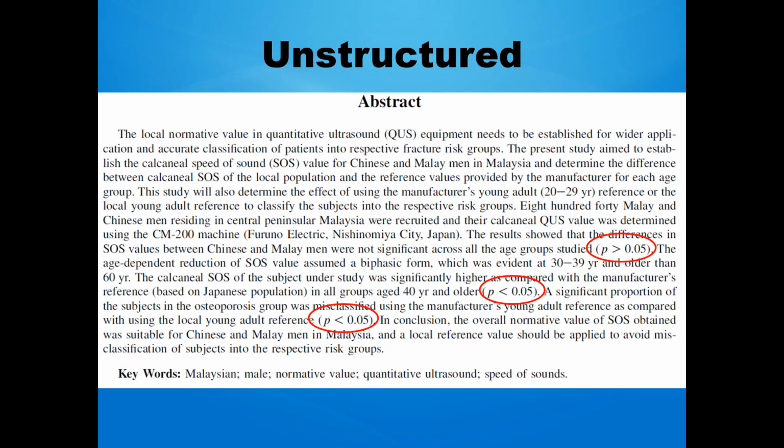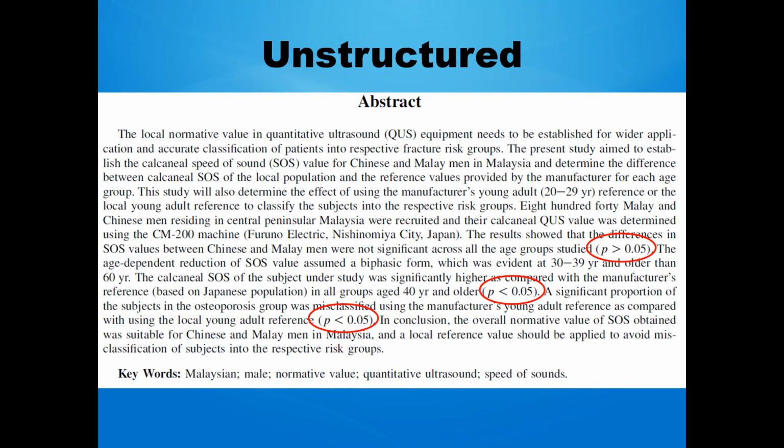And this is an example of an unstructured abstract. You can see that there's no subheading at all. However, all the essential components of an abstract are contained in it. So there are no rules in writing abstracts apart from having all the essential components inside.